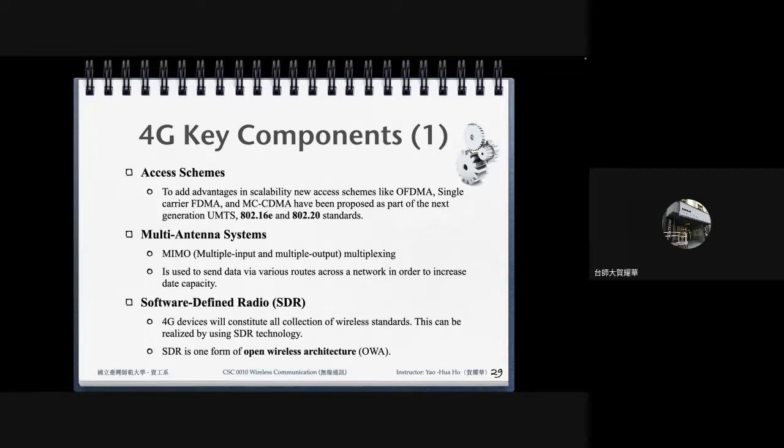So the fourth generation devices now have multiple antennas, with MIMO, which is multiple input, multiple output, and multiplexing on the multiple directional antennas. It is used to send the data to different routes across the network in order to increase the data capacity. Means the data can be sent through different types of routes, different types of networks, as long as you get that data. It also takes advantage of software-defined radio, which consists of a collection of different wireless standards, which is formed as what we call the open wireless network architecture. Talk about that a little later.